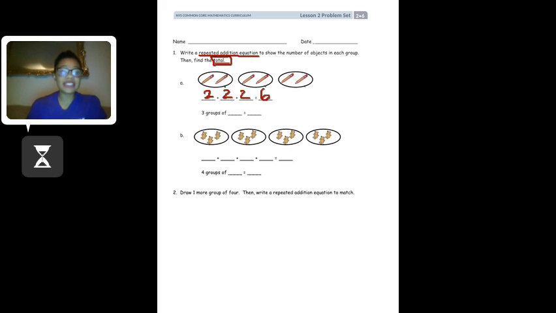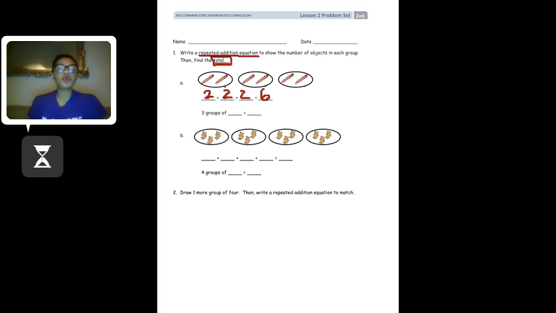Next, right below it, let's finish our sentence statement now that we have our number sentence. It says 3 groups of blank equals blank. So I know that we have 3 groups because I noticed that we have 3 circles, but 3 groups of what? Oh, let's check back at our number sentence. Each group had 2 pencils in it.